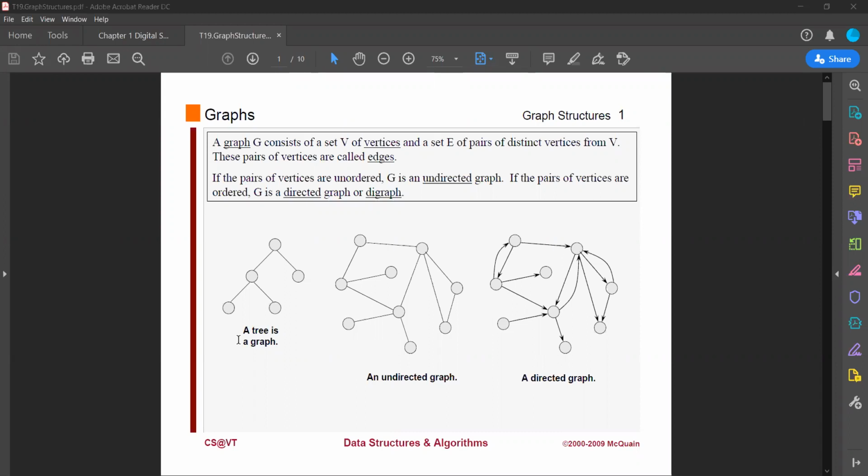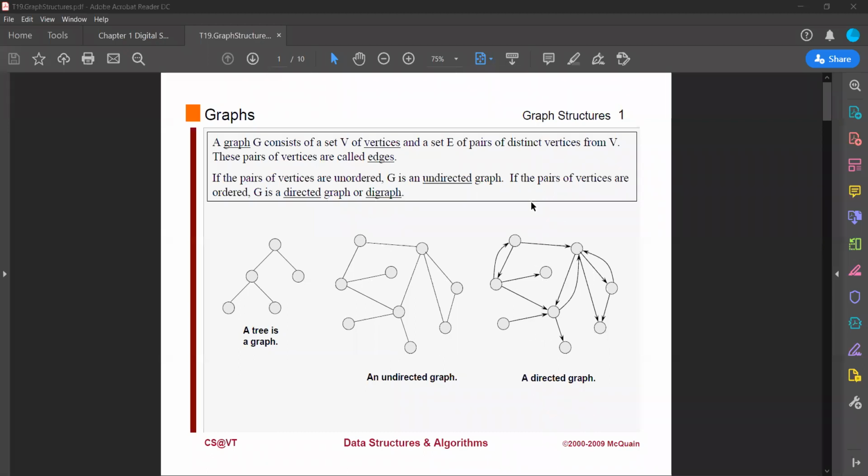A tree can also be a graph. Here we see there are 5 nodes. Each node is not connected with every other one, but this can also be considered a graph. As a simple difference between a tree and a graph, there is no cycle, no closed path, in a tree, but in a graph there are a lot of closed paths.